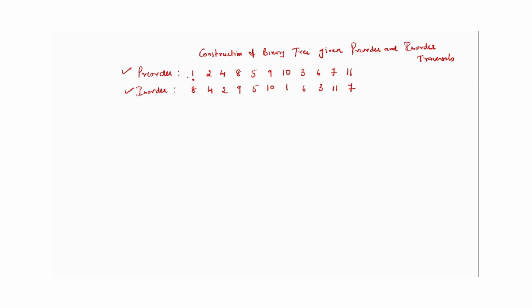Let us take 1. We need to find out where 1 is inside in-order. So 1 is here inside in-order. In-order means left, root and right, and pre-order means root, left and right.